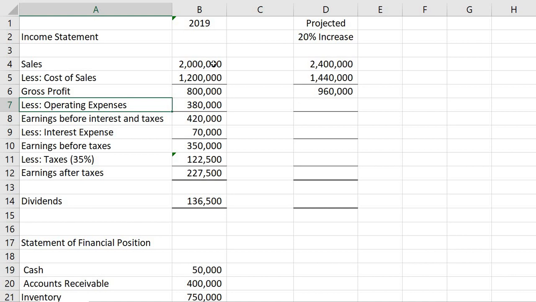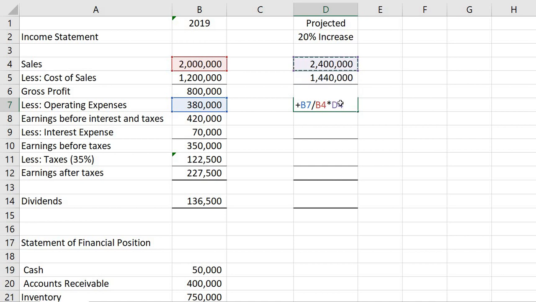Now, operating expenses generally increase spontaneously when our sales increase. So, what we do is the same: get 120% of the operating expenses. Or, following the computation in the SIM, you take that amount, 380,000, divide it by 2 million, then multiply it by 2,400,000. That's 456,000.